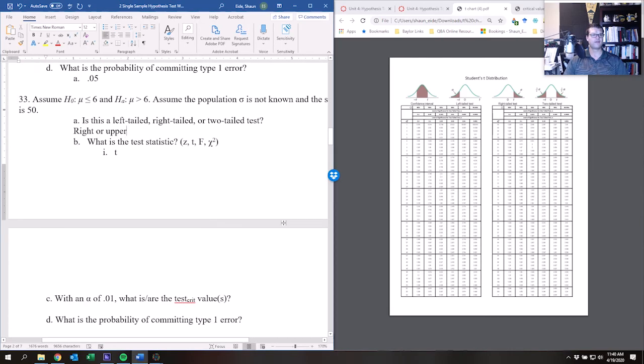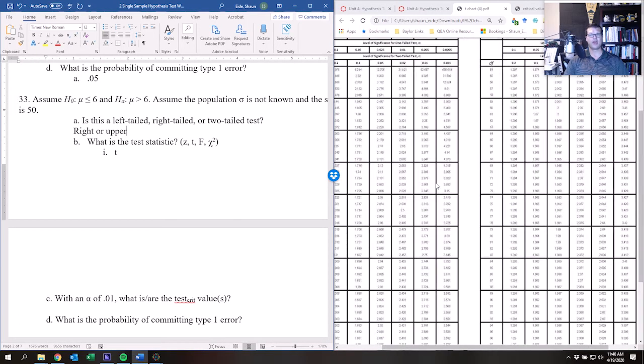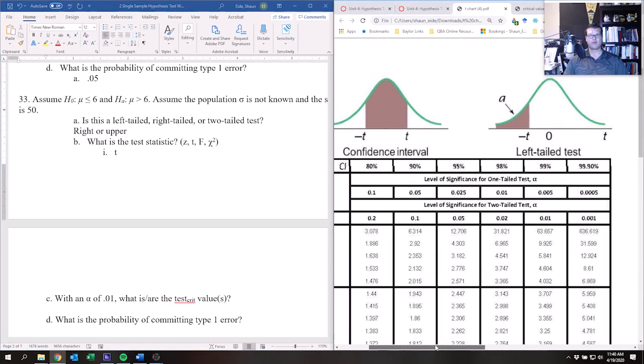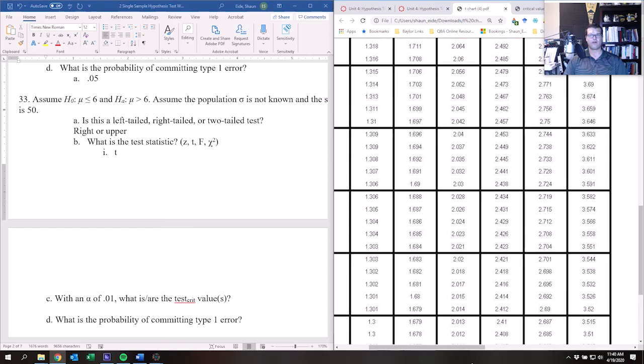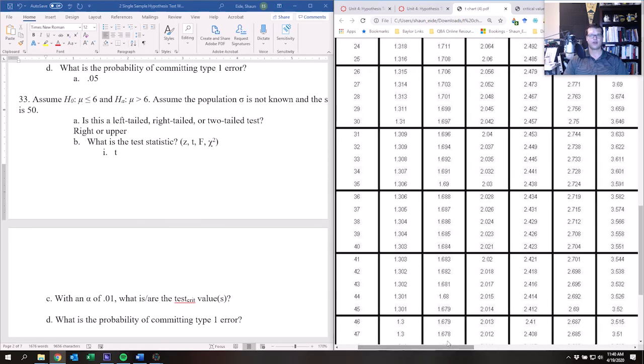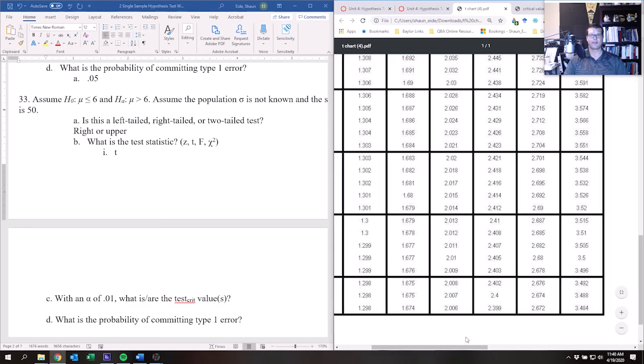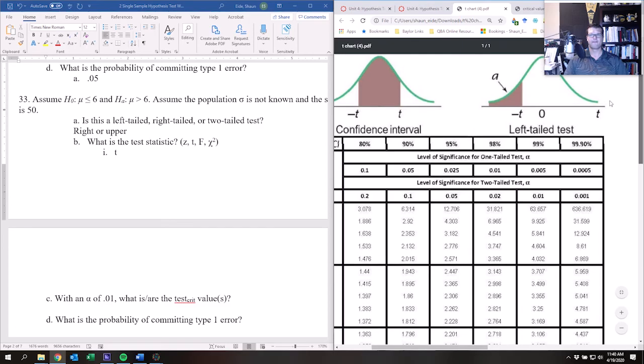So with an alpha of 0.01 for a one-tailed test, and then for 50, coming right down here, we've got 50 right here, and 0.01 for a one-tailed test is this row right here.